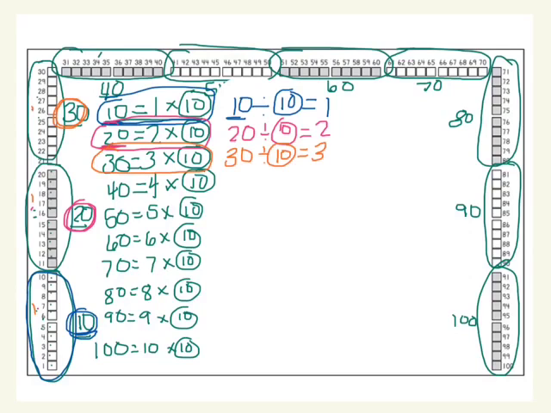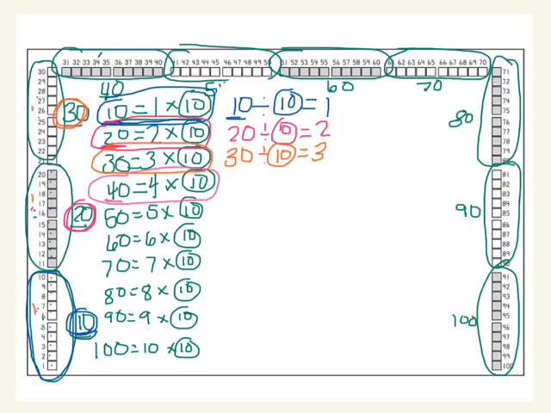Let's do one more together. Again, make sure you are writing along with me and practicing this. Okay, let's take a look at 40 equals 4 times 10. Let's write the division equation.